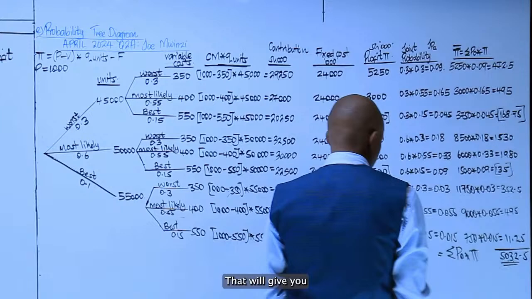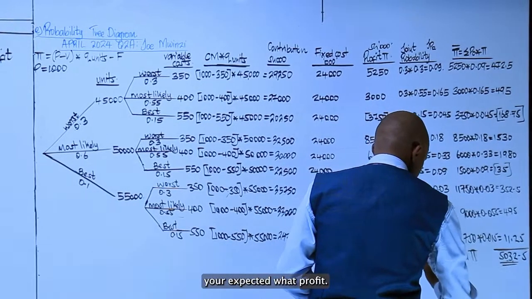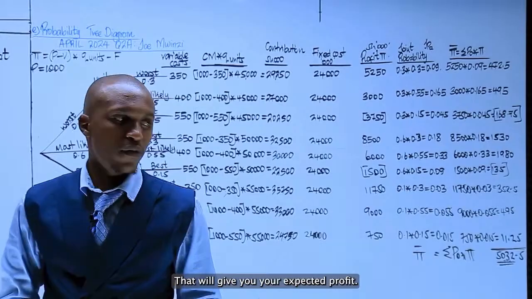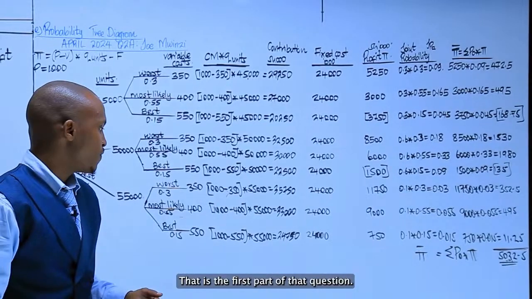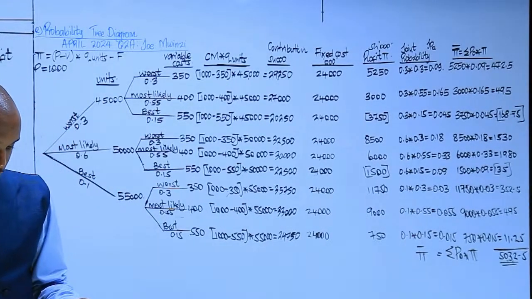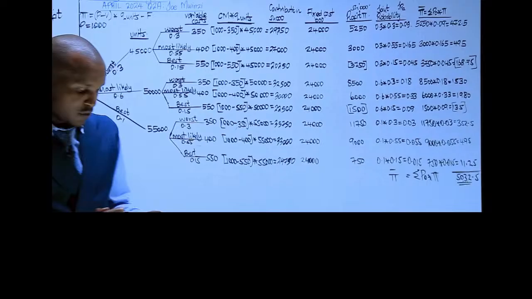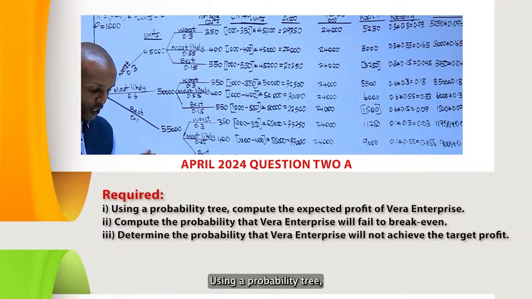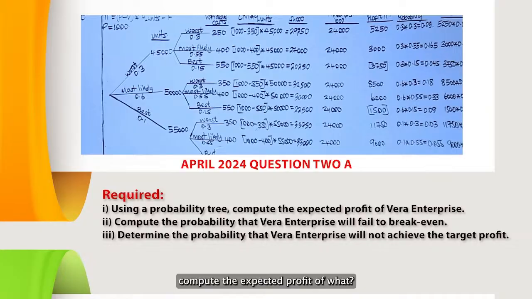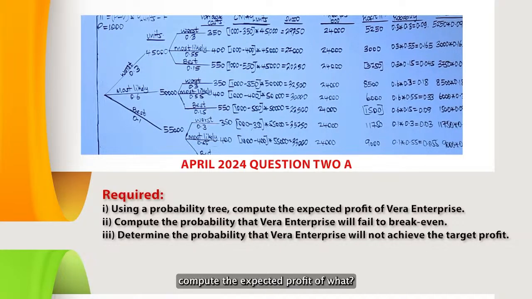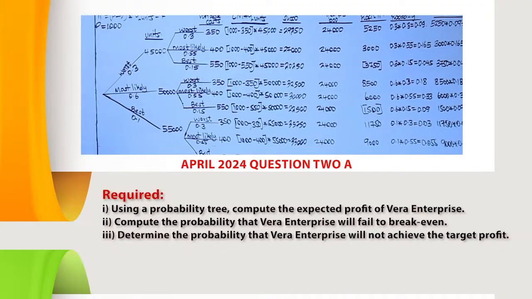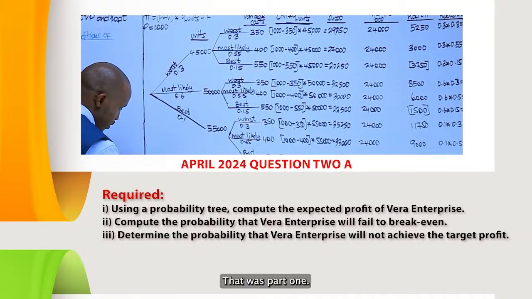That will give you your expected profit. That is the first part of that question. The first part of that question is saying, using a probability tree, compute the expected profit of Vera.